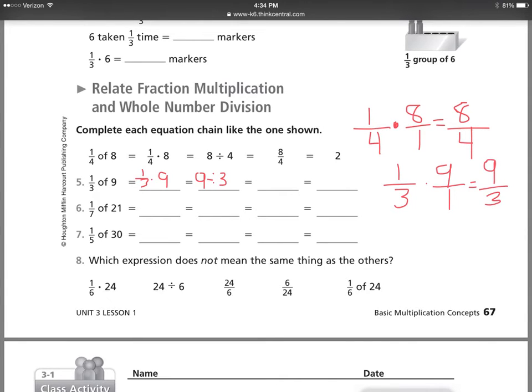There you can see the 9/3, which is the next step is to show 9/3. And now the last step is to divide. 9 divided by 3 is 3. We always want to change our improper fractions to proper. So what we've just shown is that 1/3 of 9, or 1/3 times 9, equals 3. Pause the video now and complete 6 and 7 the same way.